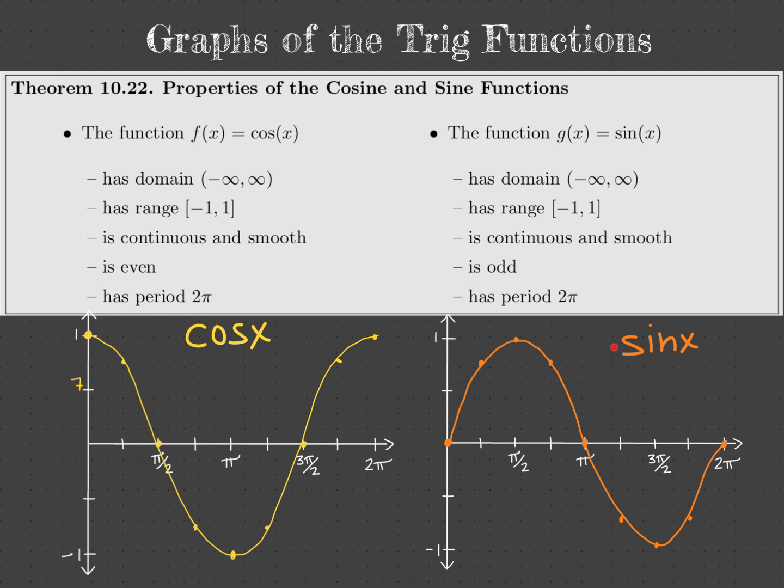For the parent functions, we haven't seen any shifting yet. The parent functions cosine and sine of x both have a period of 2 pi, meaning that is how long it takes for them to complete one full cycle of their graph. After 2 pi, they would just repeat that same cycle again every 2 pi.